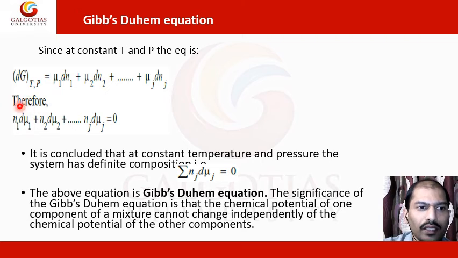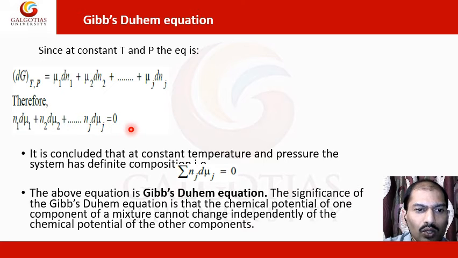Once you simplify the equation, it takes the shape n1 d mu1 plus n2 d mu2 plus, going up to j, nj d mu j equal to 0.